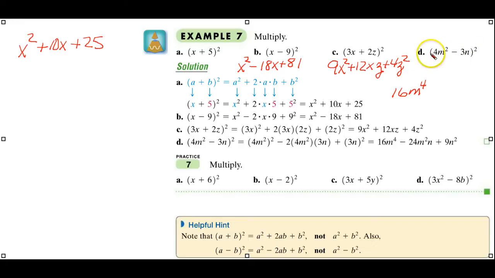Multiply these two together. 4 times a negative 3 is a negative 12. Double it. Negative 24 m squared n. Now square a negative 3n. Negative 3n times negative 3n is a positive 9n squared. And I think they have them all down here too. And they match what we've done.